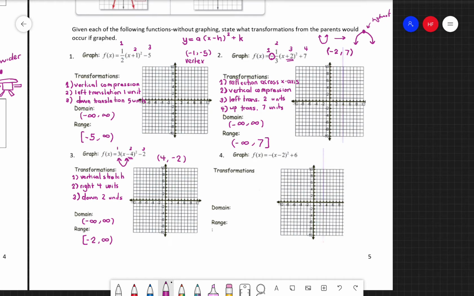Then on number 4, we have -(x - 2)² + 6. So the changes, I have 1, 2, and 3. First change is that negative, so we have a reflection across the x-axis.